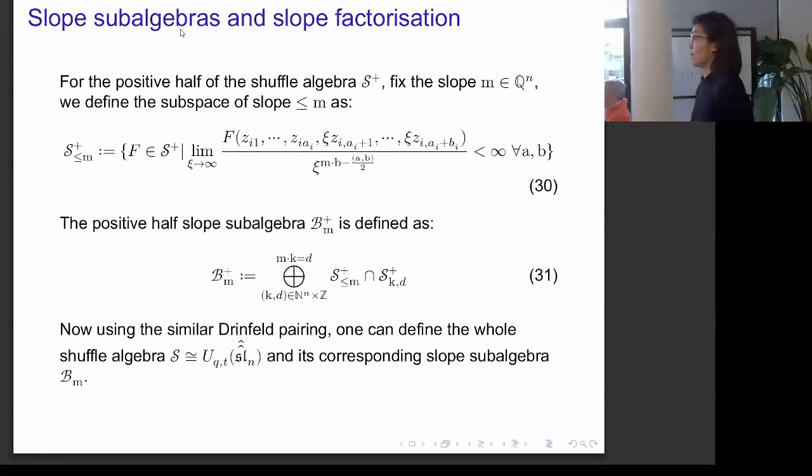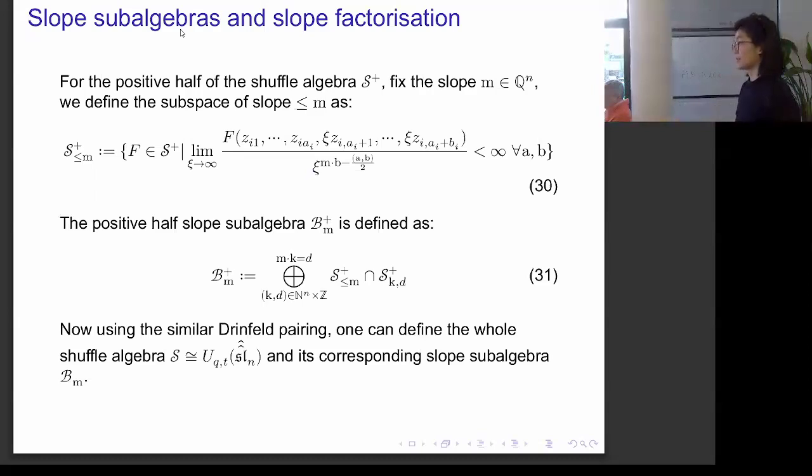So inside of this slope space, we can define the positive part of the slope subalgebra as the intersection of the graded pieces of the shuffle algebra with this space, such that we need to require that the degree of the elements inside of this space should be equal to the inner product of the slope point with the number of the variables.